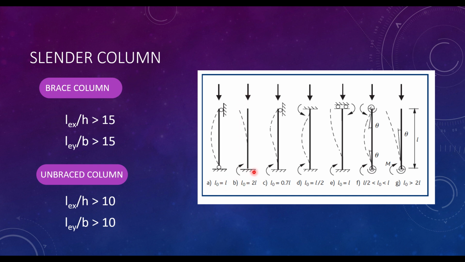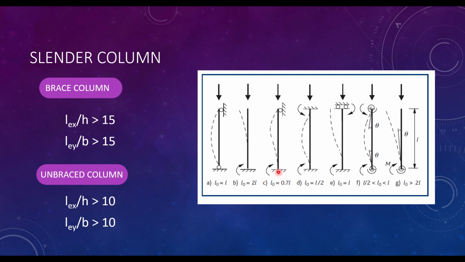Then when the column has a free end, that is, probably the column is a cantilever with a fixed support, you can take the effective length of that column as twice the clear length. An example of this is a gate column.